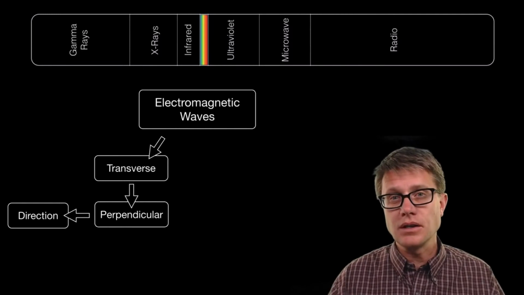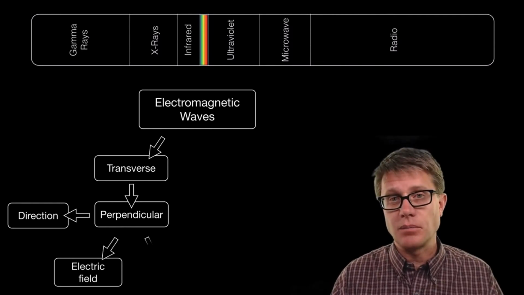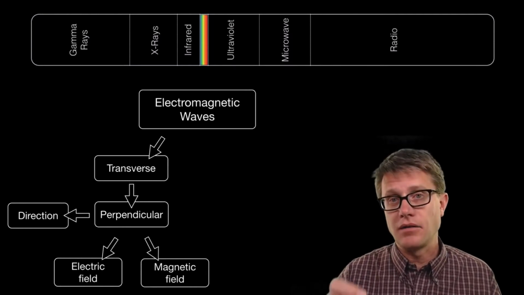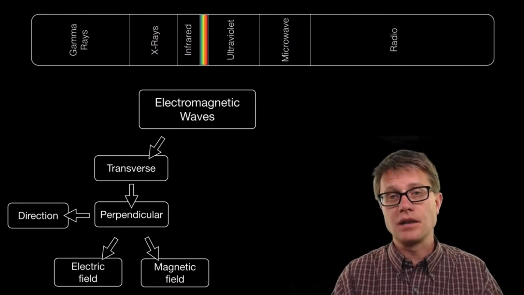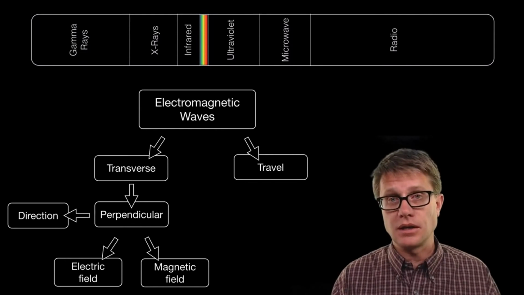And so it's not only in one dimension, we also have electric fields and magnetic fields that are perpendicular to themselves. And so we have oscillations that are both perpendicular to the direction of motion and the corresponding field. And so they can travel through anything.